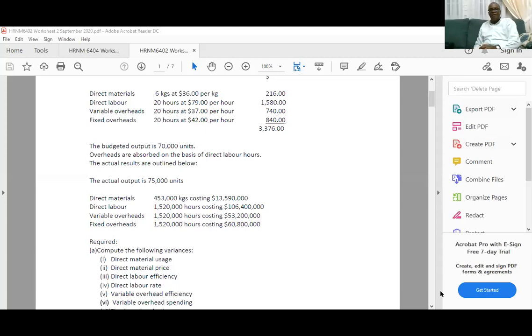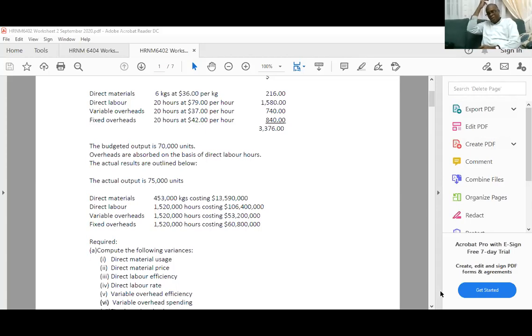If you have labor hours attached to your variable overheads and fixed overheads, it's saying that your operations are labor intensive, meaning that it's not highly mechanized at all. A lot of the activities done in your production environment are labor intensive. So your variable overheads would be influenced by the presence of labor and labor hours.